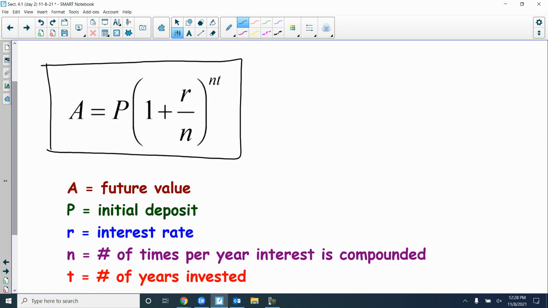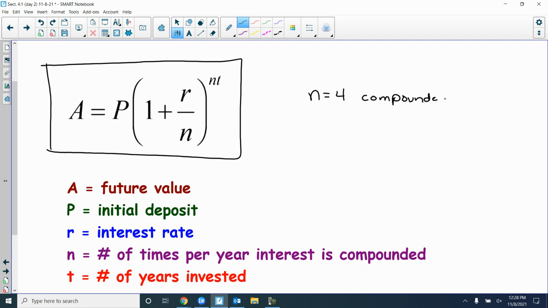There is no fixed number of times that you can compound it. You can compound it once a year, 4 times a year is what we call quarterly, you can compound it monthly, you can compound it every day. So if n equals 4, that's compounded quarterly.